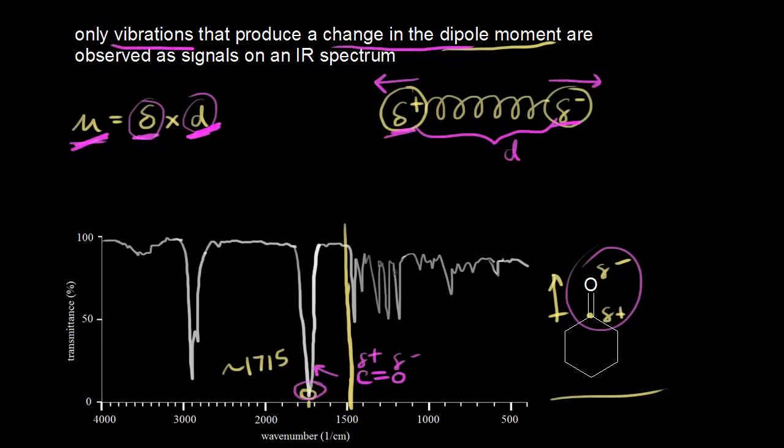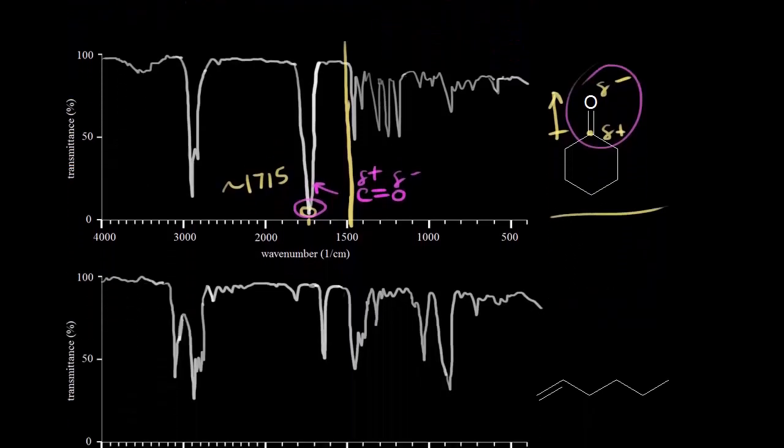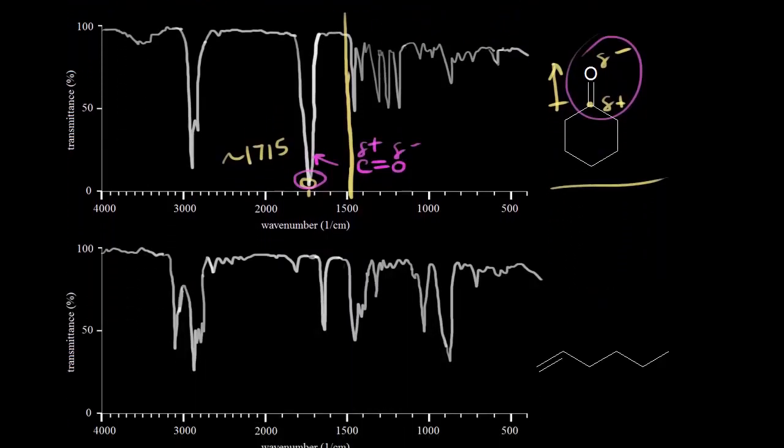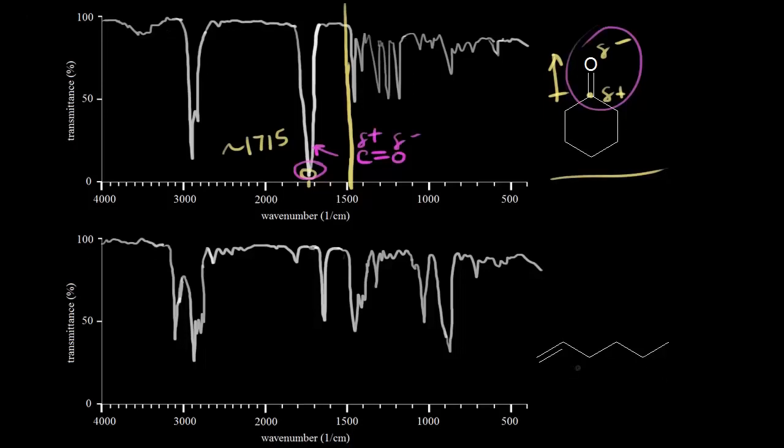And if a large dipole moment means a strong signal, that means that a smaller dipole moment would be a weaker signal. So let's look at an example of that next. We're going to compare these two IR spectra. Now we're looking at a different molecule, the IR spectrum for 1-hexene. Once again, let's divide our regions.